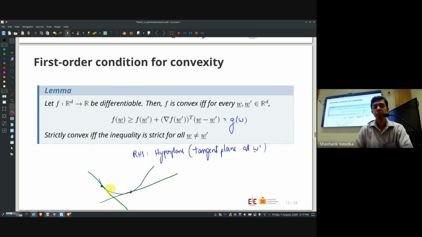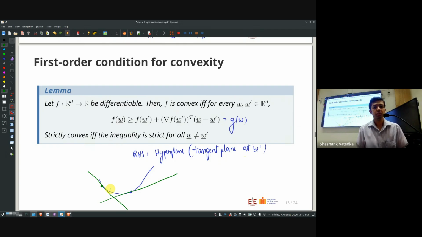Right? So this is a different view of convexity compared to the so-called zeroth order condition, which is that you take any 2 points, the straight line joining these 2 points lies above the function. And one geometric or intuitive way to think about it is the following. What does a convex function look like? It's something like a bowl, right?